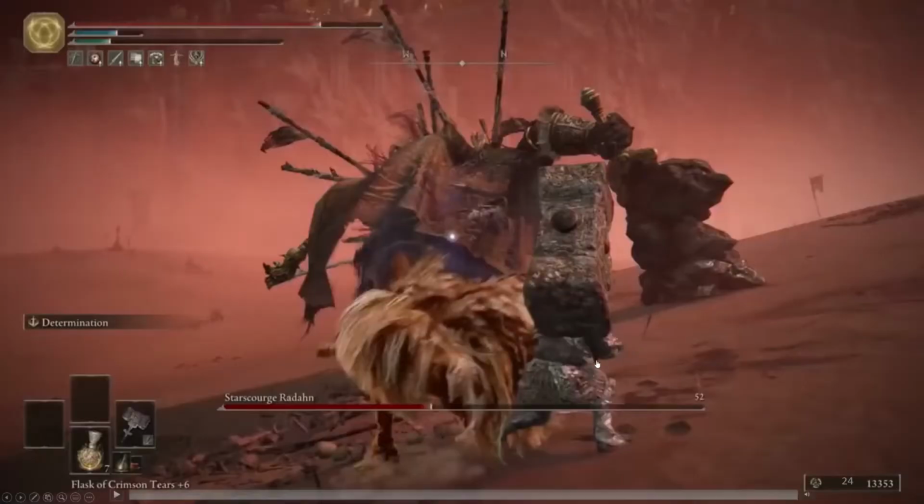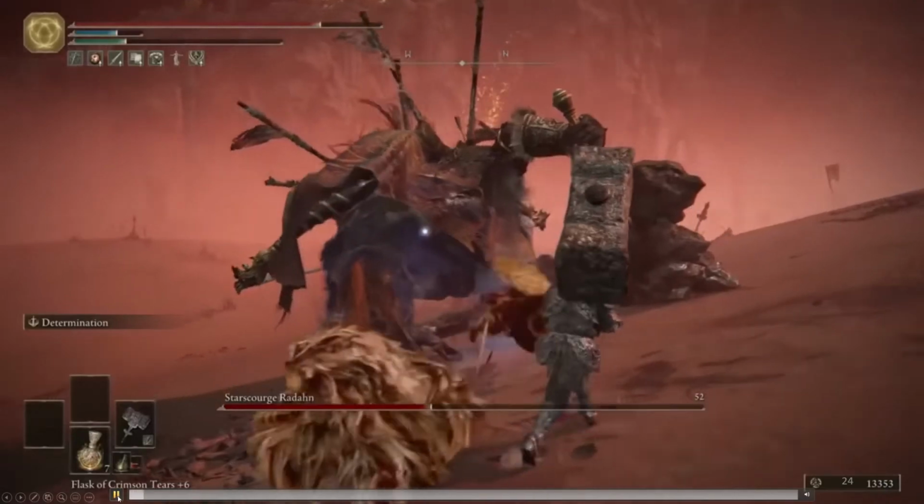But it can also mean, for example, that when we have a boss, the bosses in Elden Ring usually have two phases.